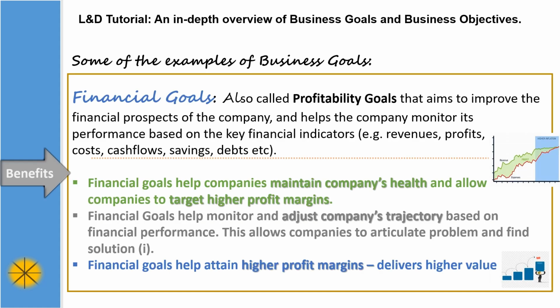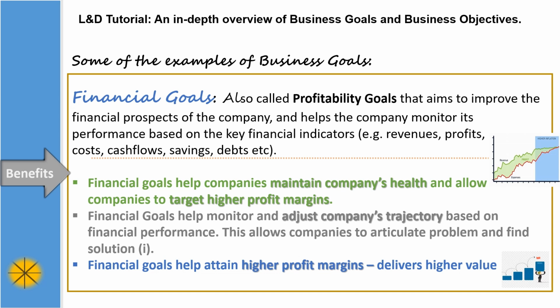Some of the very important types of business goals are financial goals, also called profitability goals, that aim to improve the financial prospects of the company and help the company monitor its performance based on the key financial indicators such as revenues, profits, costs, cash flows, savings, etc. The benefits of financial goals are that they help companies maintain companies' health and allow companies to target higher profit margins.